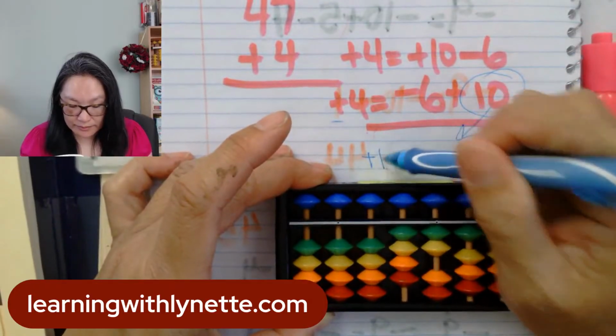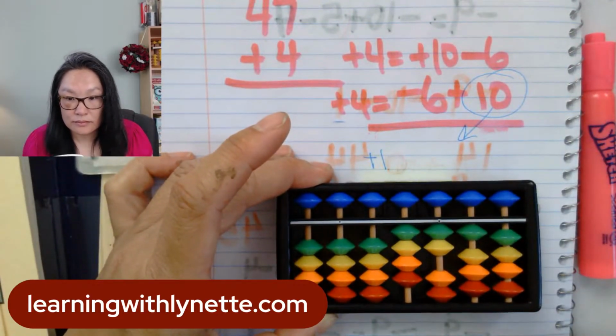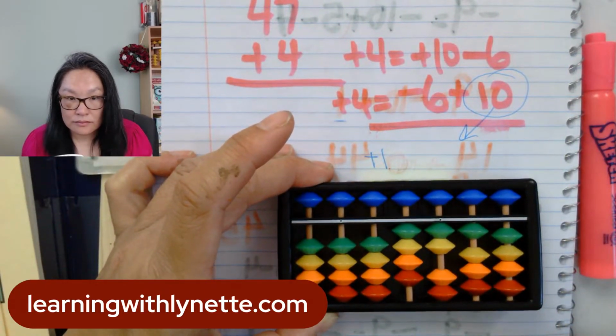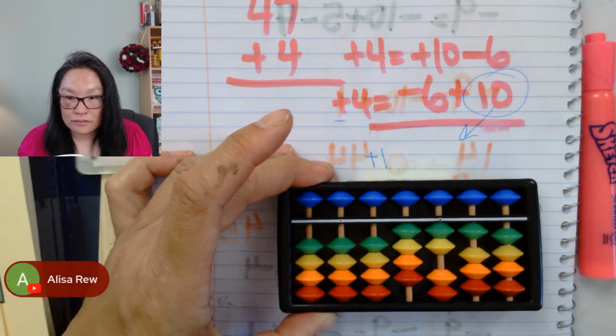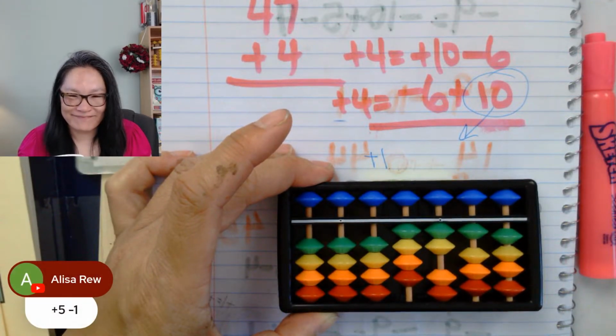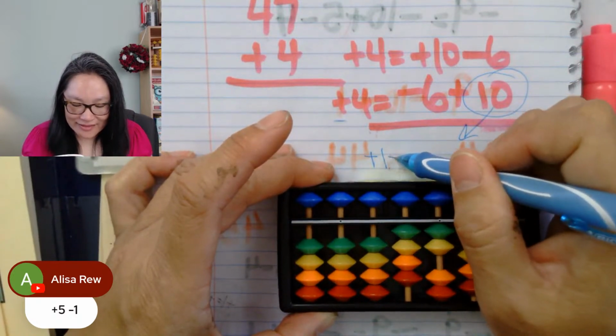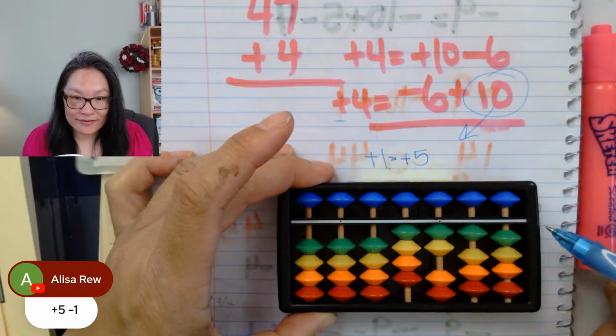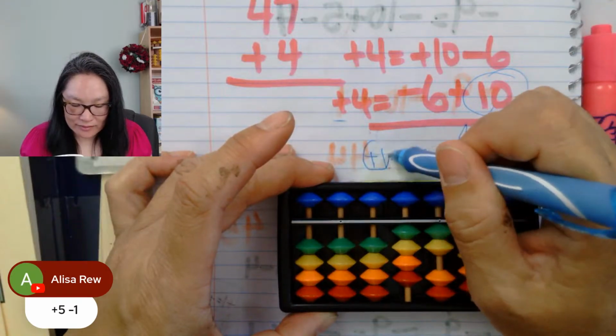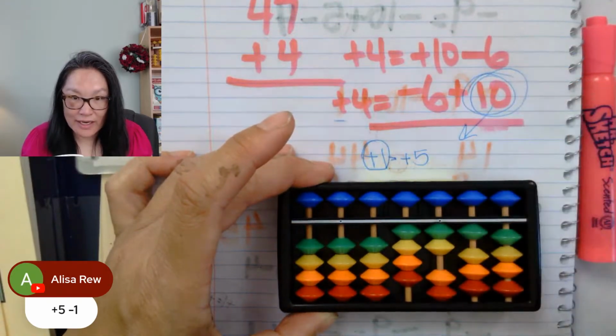We want to plus the 1. We're adding the 1 is equal to plus 5. We're adding 1. That's what we're doing. We're adding 1.